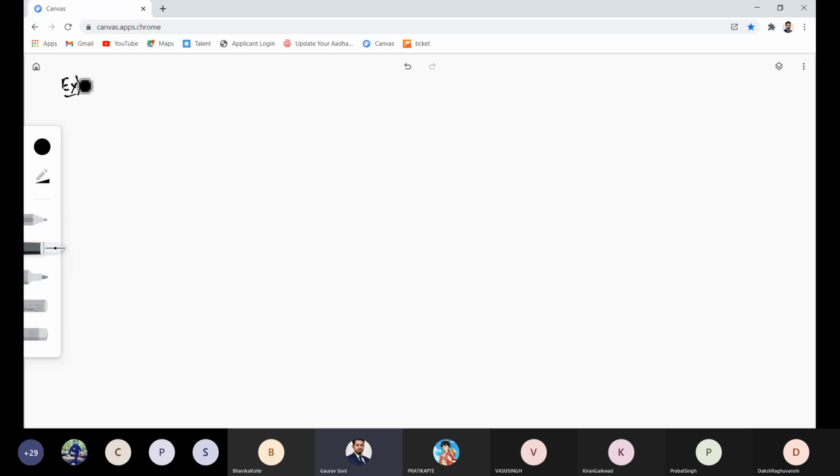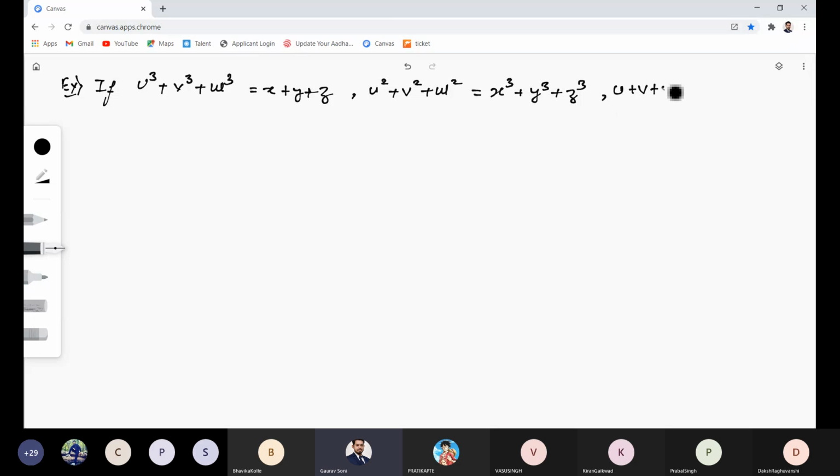Next example, if u cube plus v cube plus w cube is equal to x plus y plus z, u square plus v square plus w square equal to x cube plus y cube plus z cube, u plus v plus w is equal to x square plus y square plus z square.